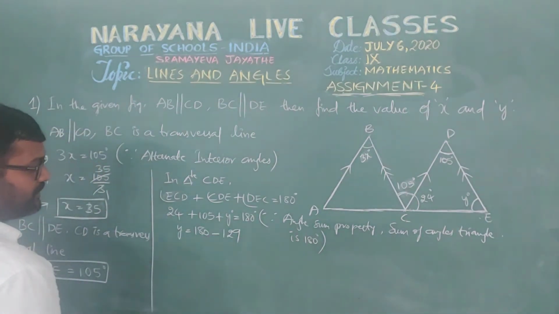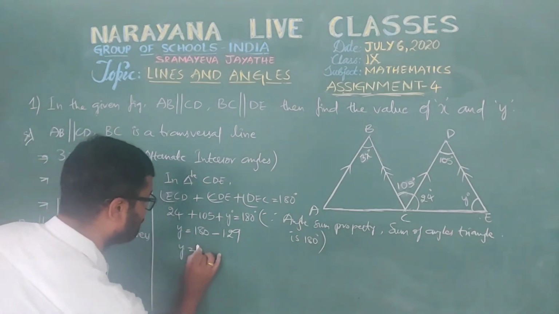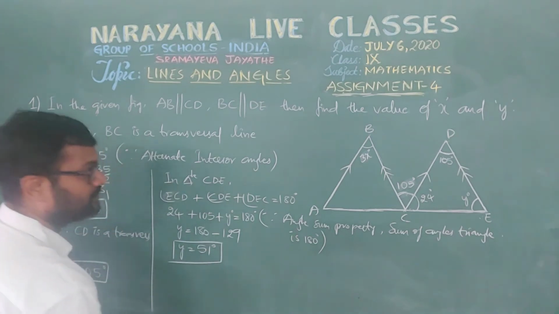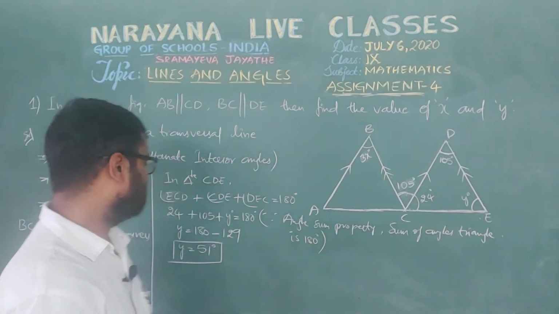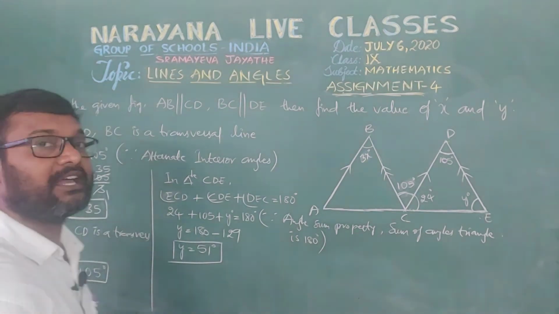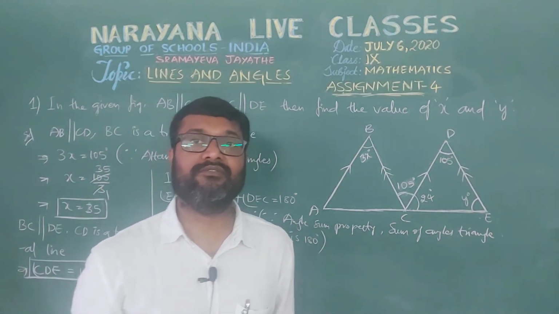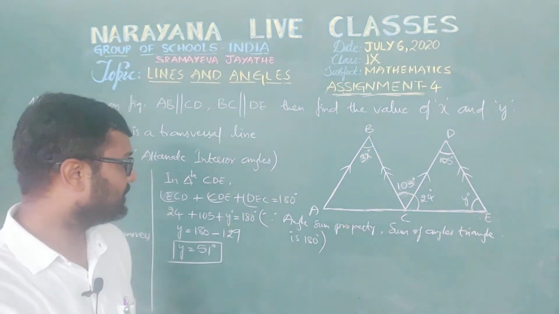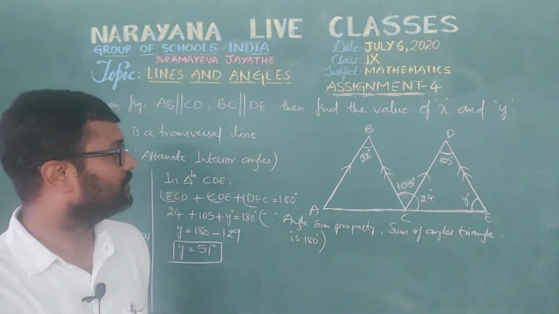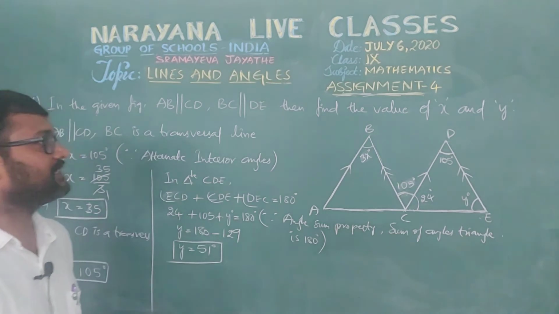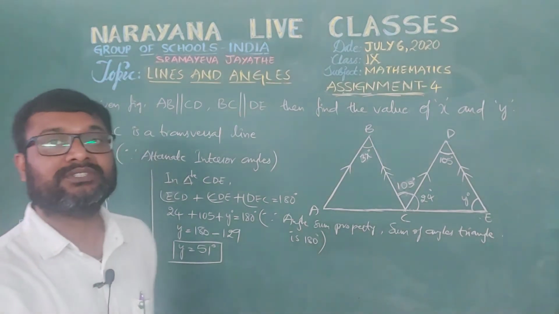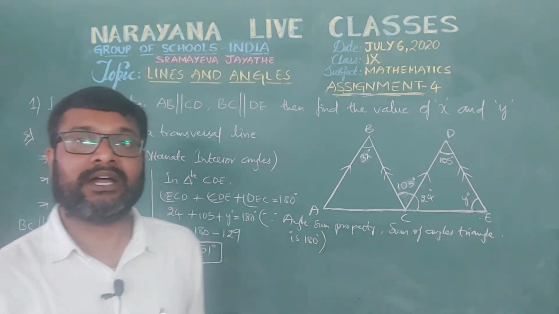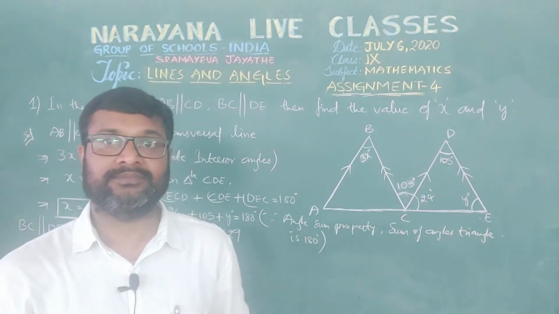So 180 minus 129 means y is equal to 51 degrees. So like this, we can find the values of x and y using the angle sum property, transversal lines and angle properties.